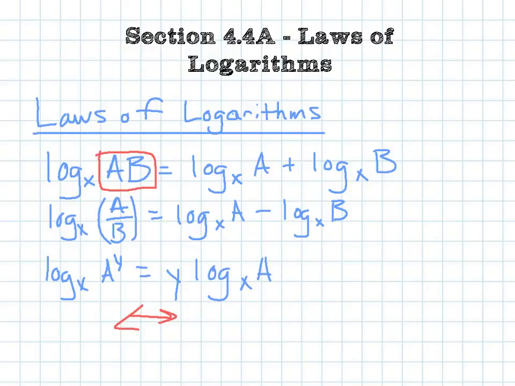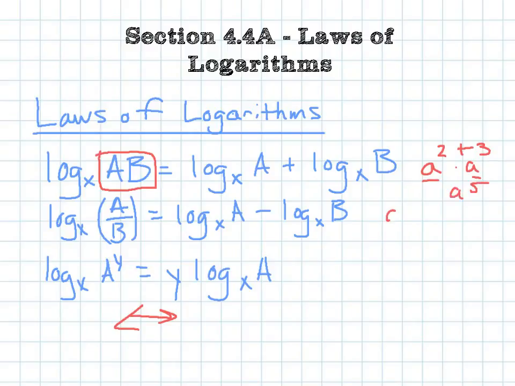And the last one's the power property. So if I have a power, I move it to the front of the log to change it to multiplication. So it's kind of like your exponential functions, where if I take the multiplication of two things as like bases, then I can add the exponents.